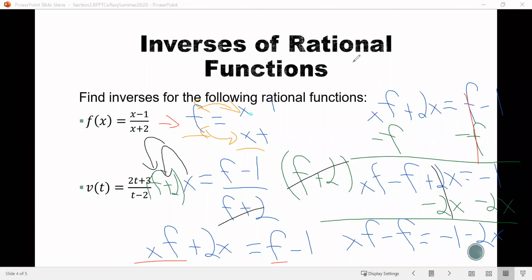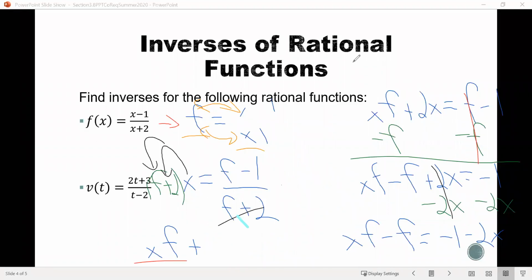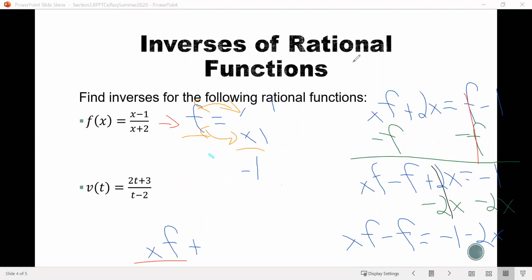And then what will we do from there? Well, notice with those two terms there on the left-hand side, they both contain an f, right? So because each term, both the xf and the f, contain an f, we can actually factor that out.